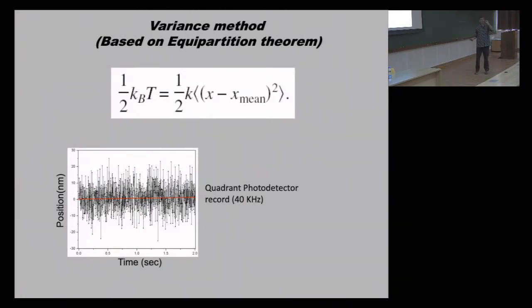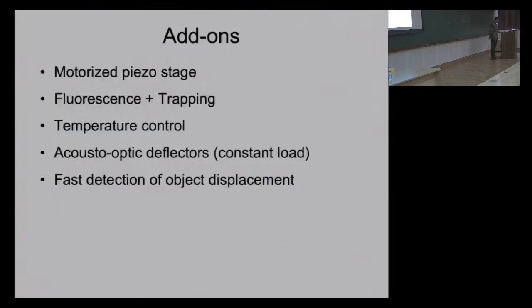I can find out the correct position because I have measured that using the video method. I could not have done that otherwise. Once I have corrected for that, I know the correct position and the correct variance. From that I can get the trap stiffness for this lipid droplet, and that's what we did in this paper. If you are interested, you can go and look at it.